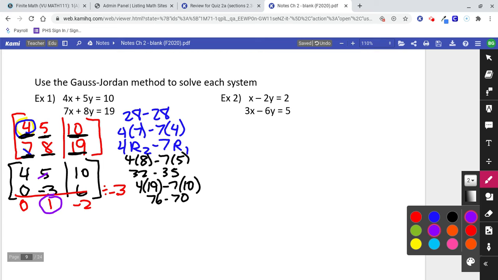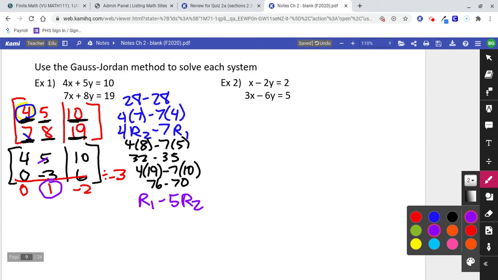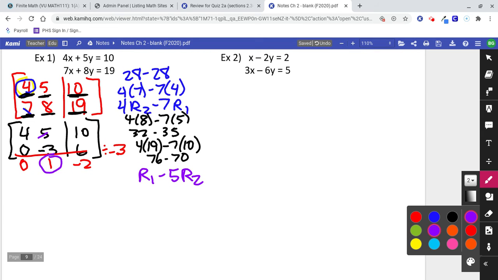So we need 5 minus 5. We need a rule that says 5 minus 5. So what if we said row 1 minus 5 row 2s? I'm taking my 5 in my row 1, and I'm subtracting 5 of those 1s in row 2. That should make 0. Okay? So let's apply that rule.